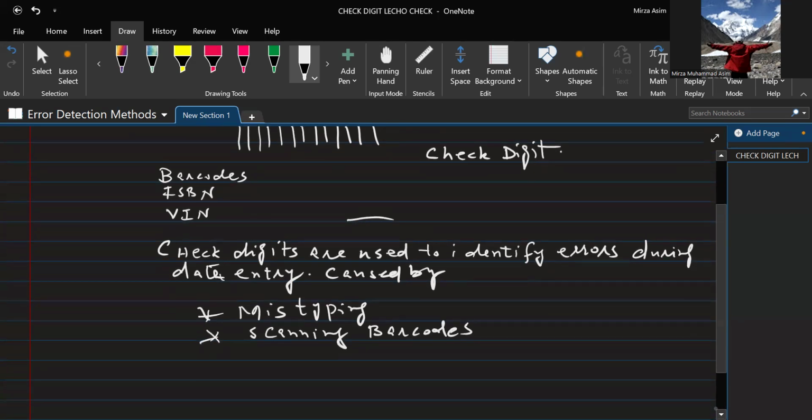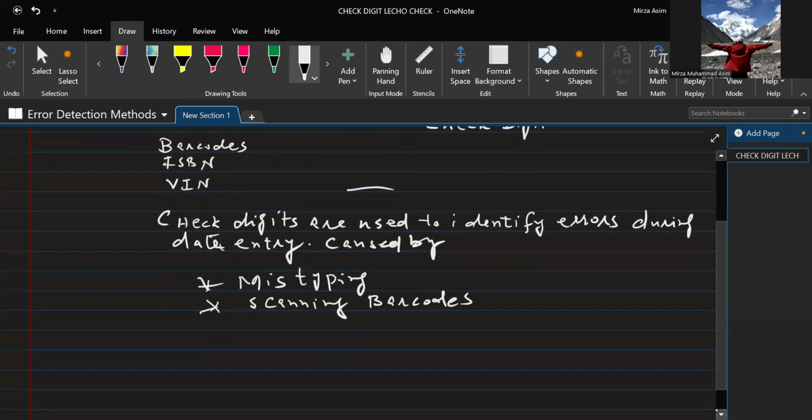This method works very well at spotting different types of errors, especially those occurring during data entry. Number one, incorrect digit entered.